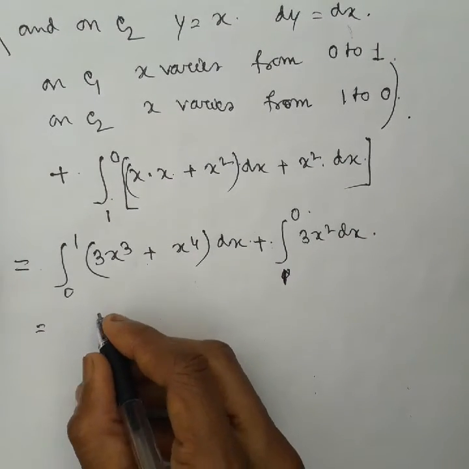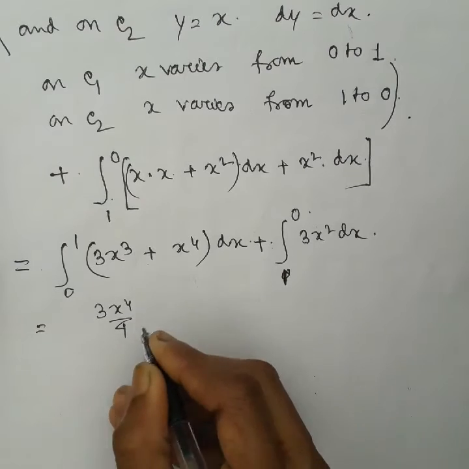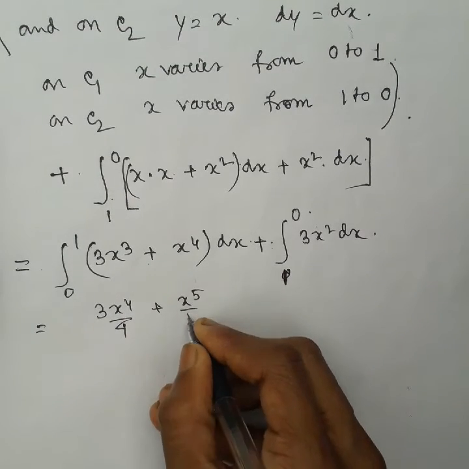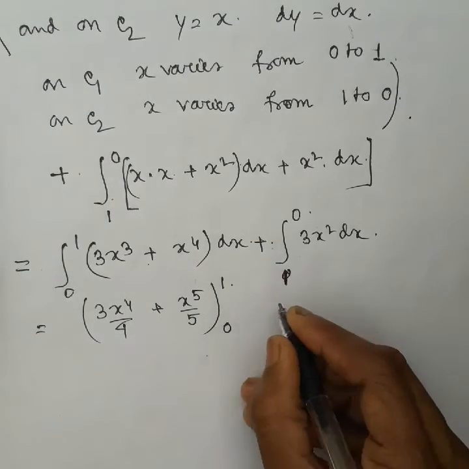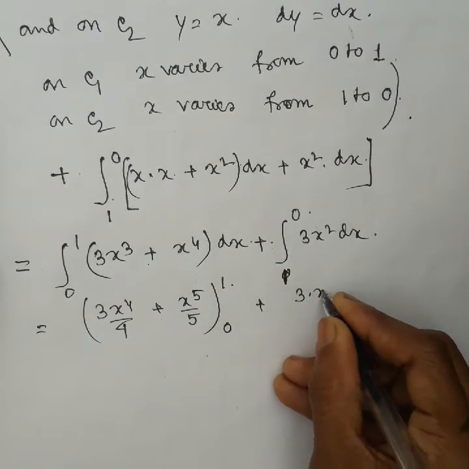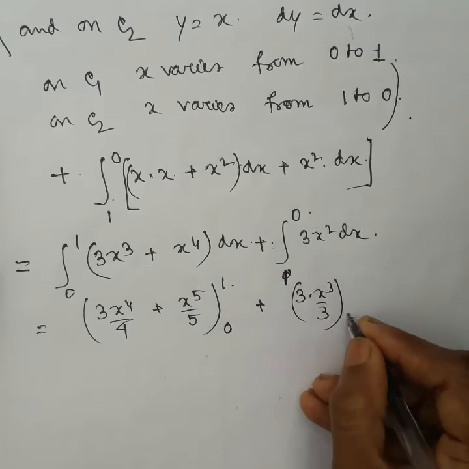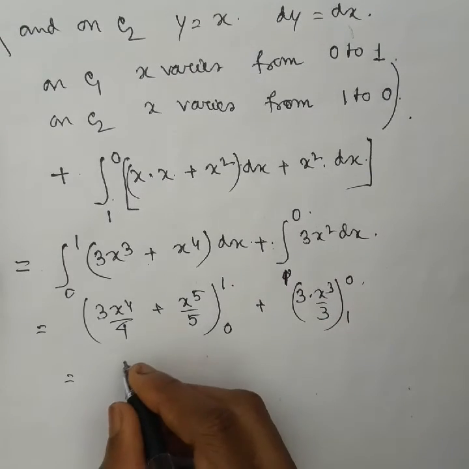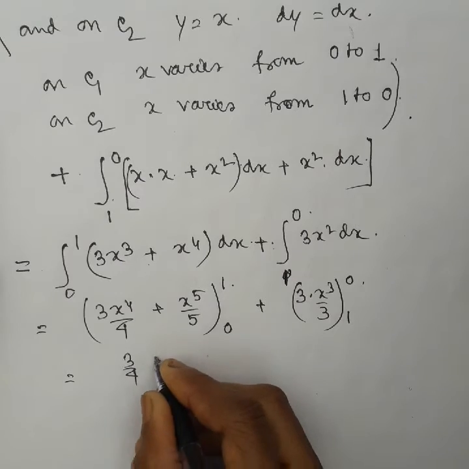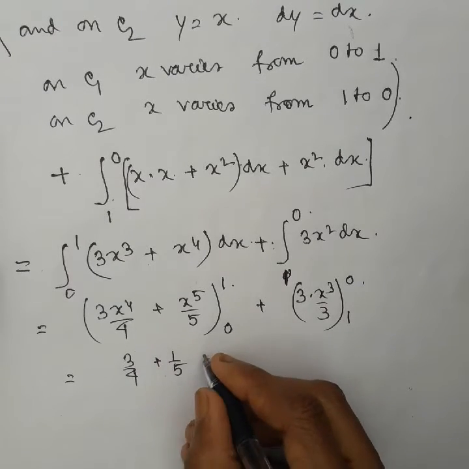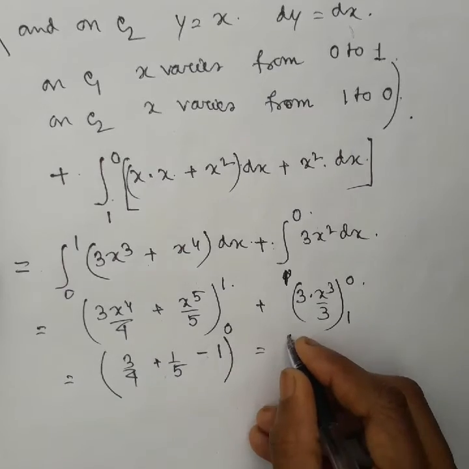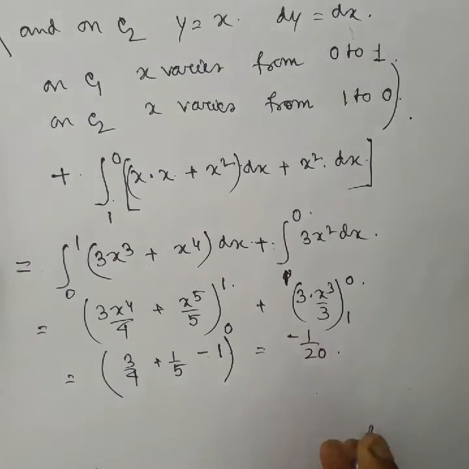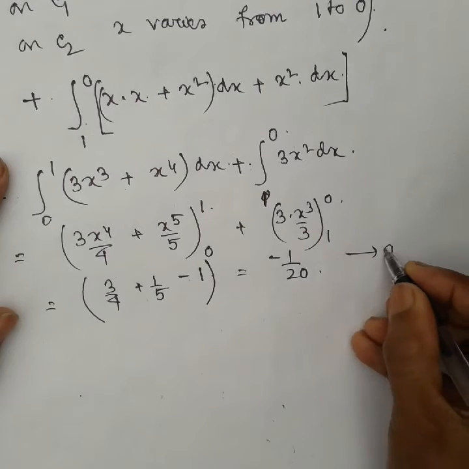This is equivalent to 3x to the power 4 by 4 plus x to the power 5 by 5, after integrating over 0 to 1, and 3 into x cube by 3 from 1 to 0. So this is 3 by 4 plus 1 by 5 minus 1, that equals minus 1 by 20.